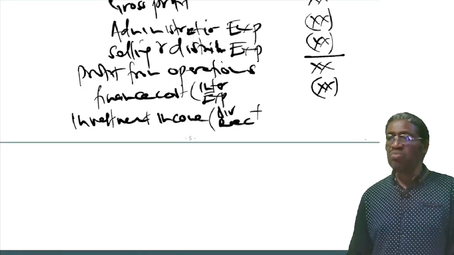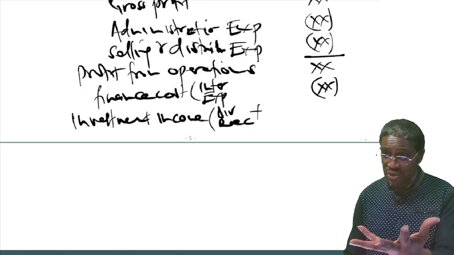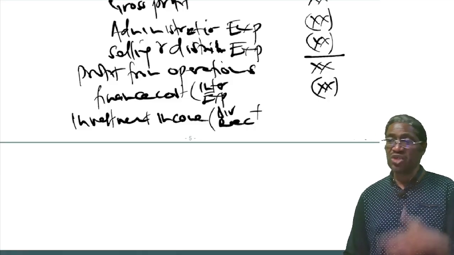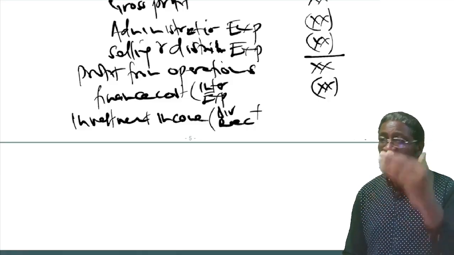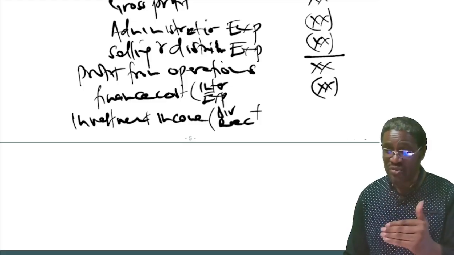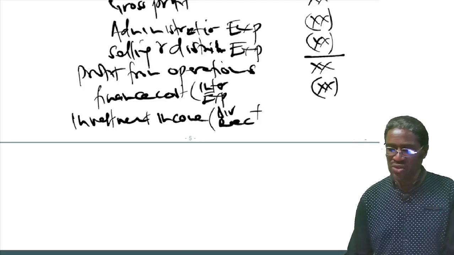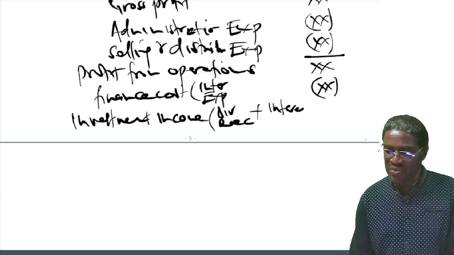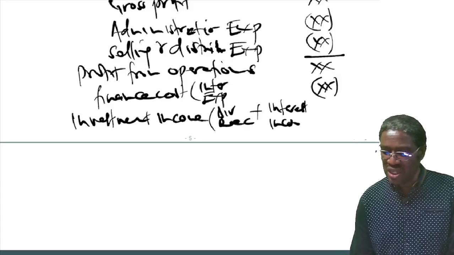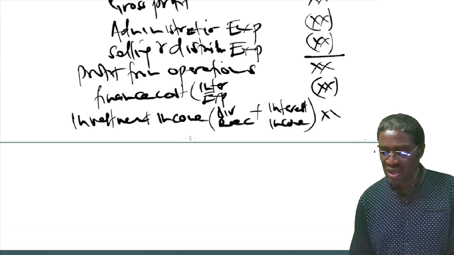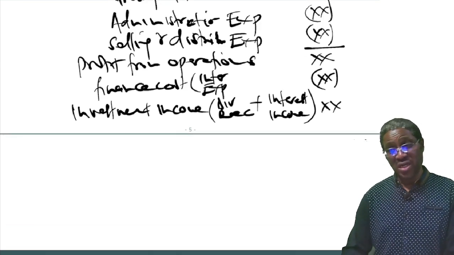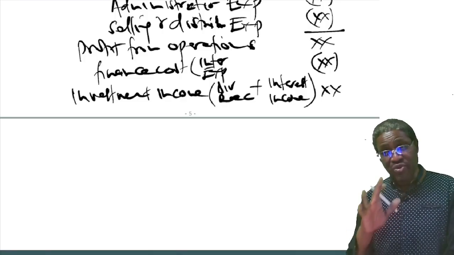Or maybe you have put some money in a fixed deposit, or bought some treasury bonds, and they are giving you interest as an income, not paying. So another example of an investment income could be interest income. Whatever it is, that is an income you add.